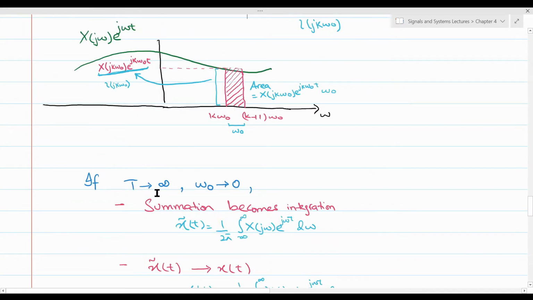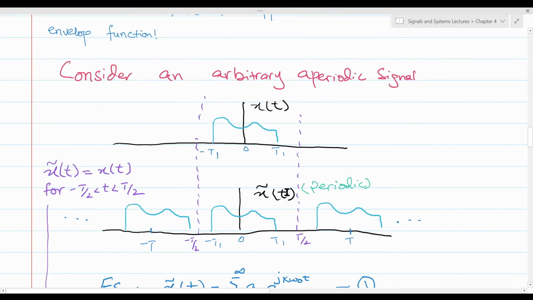Another point to notice here is that as T approaches infinity, the product signal x tilde approaches the aperiodic signal x(t), because the signal will never be able to repeat itself.